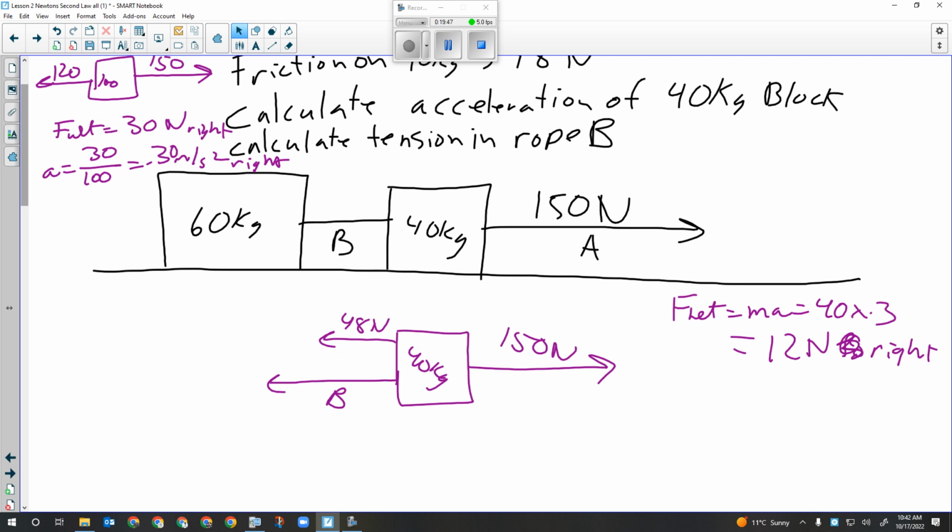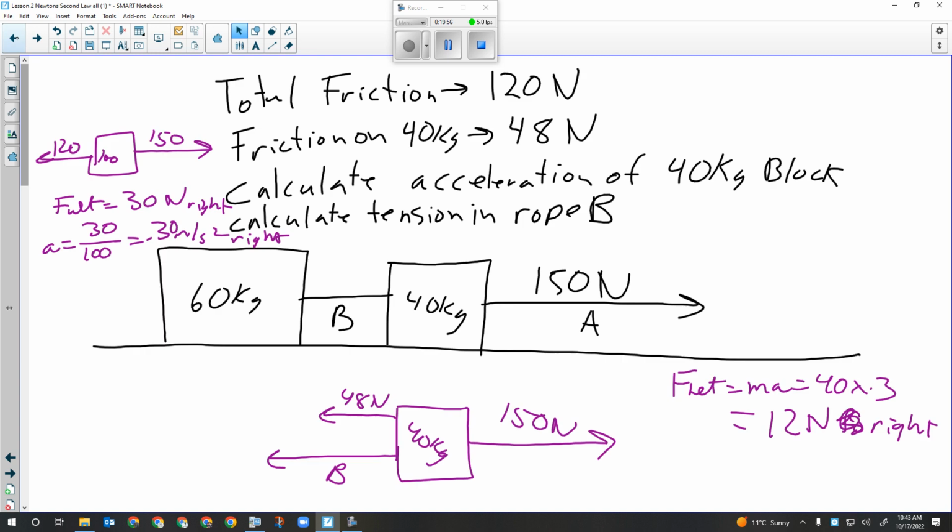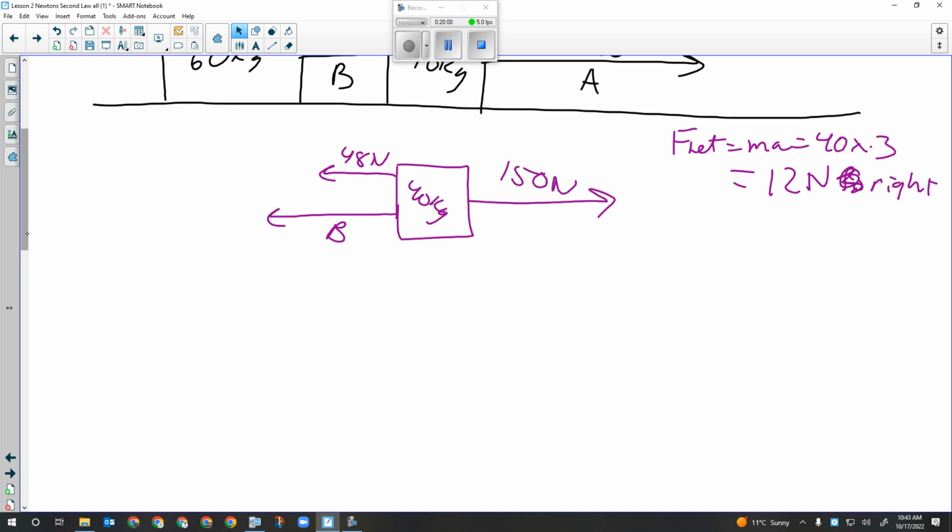Okay, so can I calculate the tension in B? I know the net force, and I know 3 out of the 4 things. So F net for the 40 kilogram box equals B plus negative 48, plus 150.